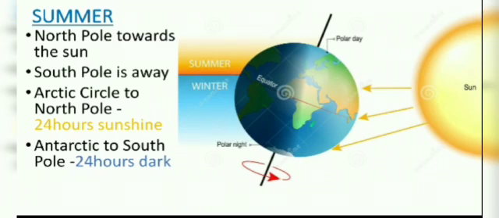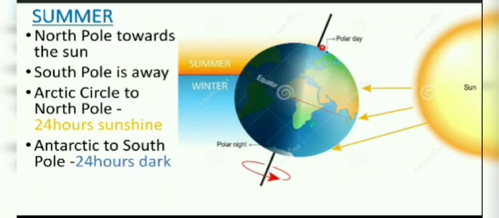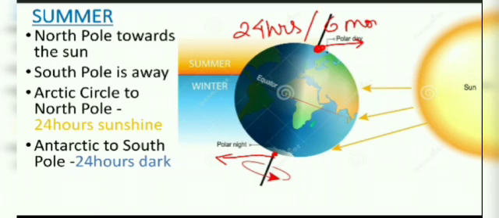You can see in this picture the North Pole is lying towards the sun, and the South Pole is a little bit away from the sun, which means that the North Pole will receive 24 hours of daylight for almost 6 months, and the South Pole will remain dark for almost 6 months.